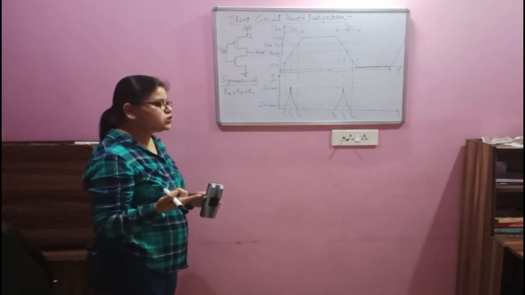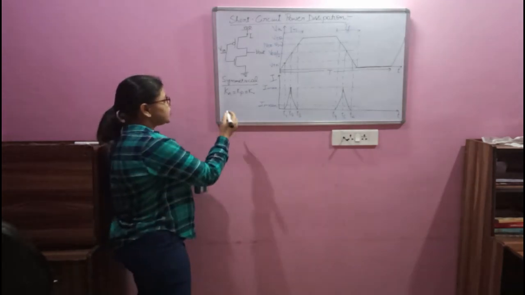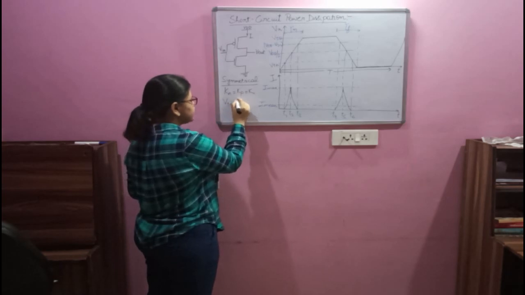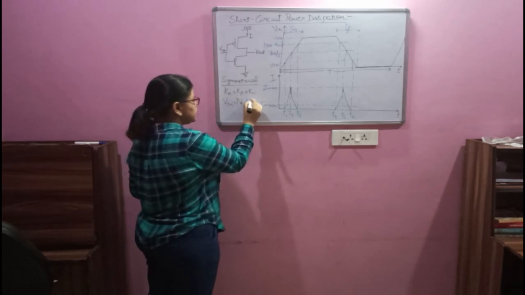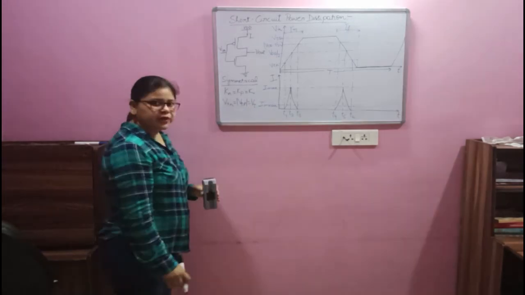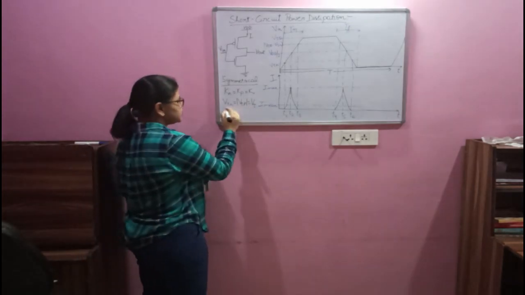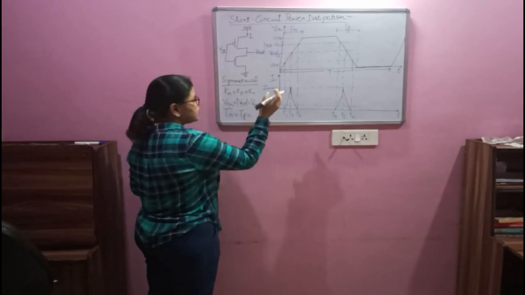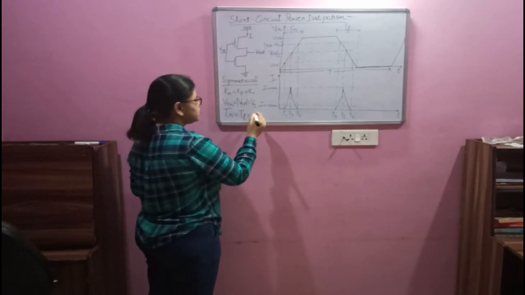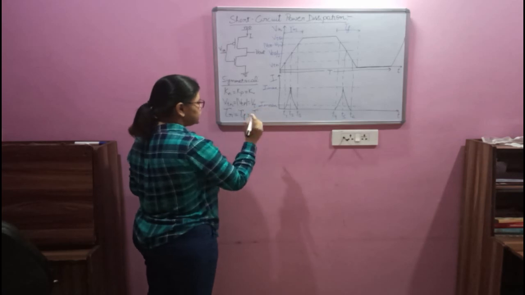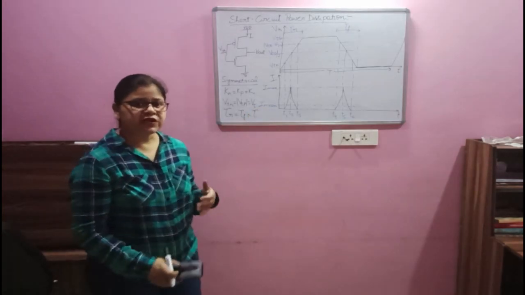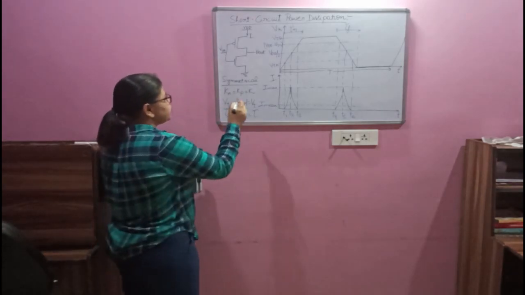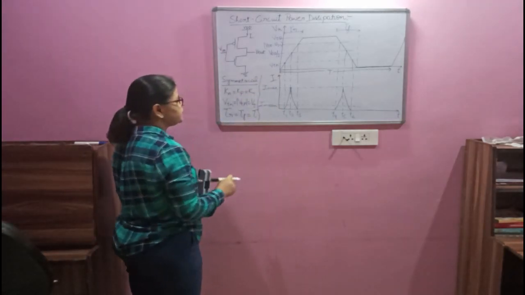This is the first condition of the symmetrical inverter, and I also take that the threshold voltages of the two devices are equal, and I name it as VT. And suppose the rise and fall time is also equal, means I have a periodic signal over here. This is equal to tau, where it will take the same time for rising as well as for falling. So these are very important considerations which we will be taking.